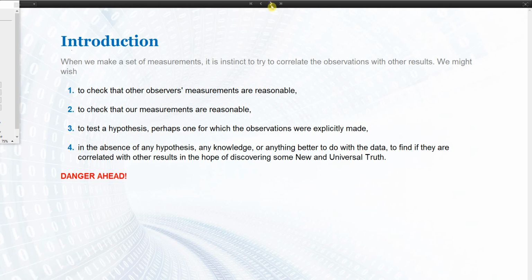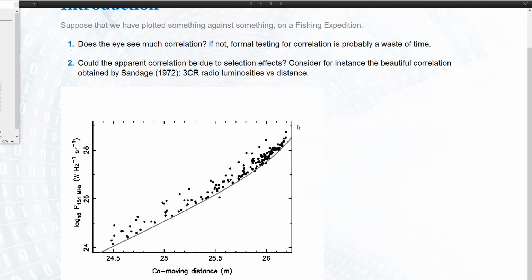Let's take an example. That's a plot from Sandage, a very famous Sandage paper from 1972. Sandage was heading one of the two factions between the 50s and 70s who were trying to determine the Hubble constant. There was a big fight over 30 years about what the correct Hubble constant is.